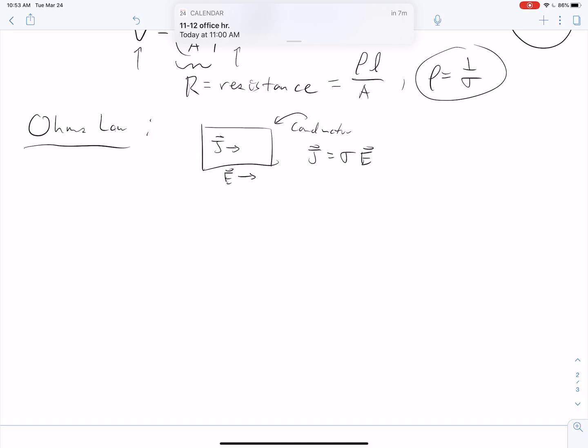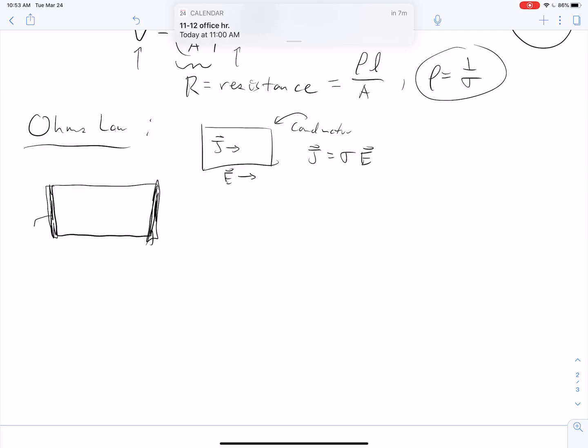So let's think about this a little bit more, because we might ask ourselves, what happens if I have some conductor? Suppose I have a conductor like this, and I have some contacts, some electrodes here on the edges.